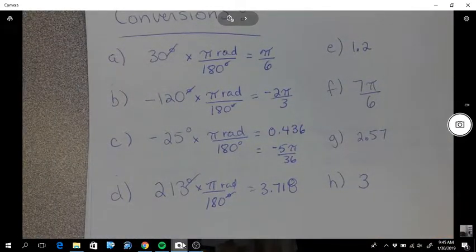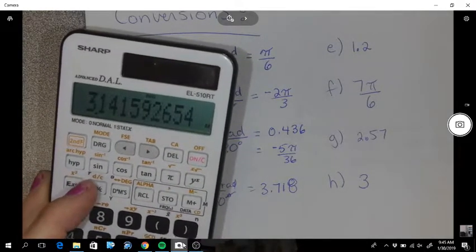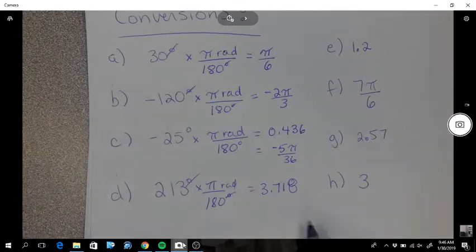Okay, so if you think about what pi equals, pi equals approximately 3.14, okay?